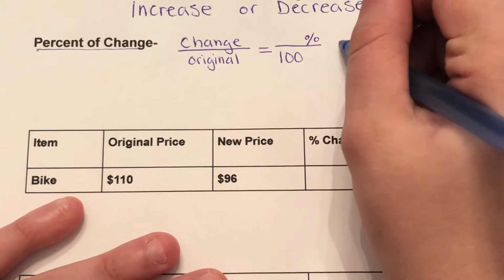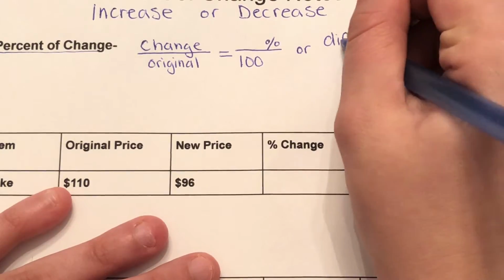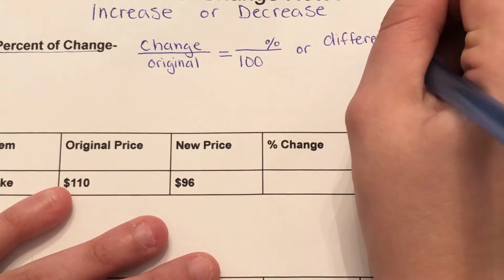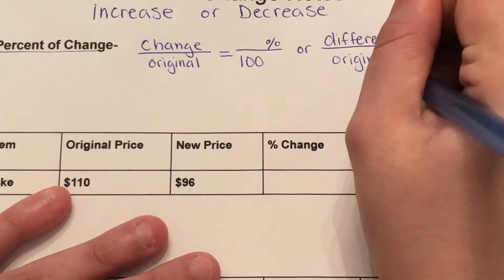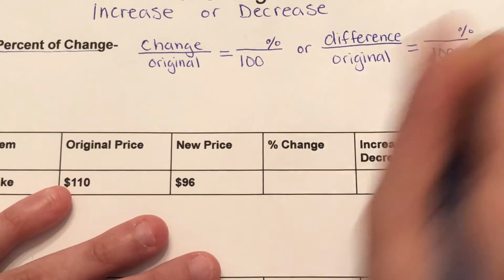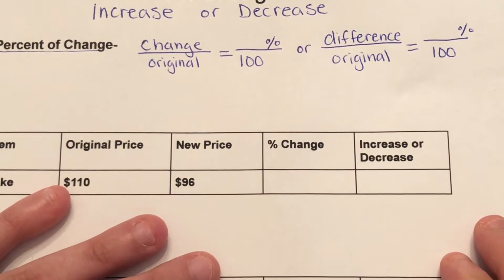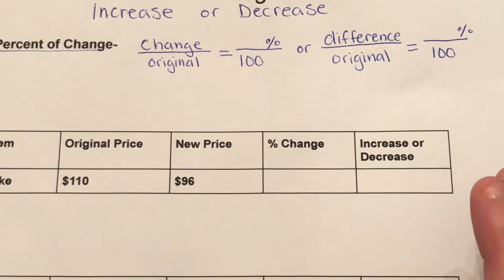Whenever we think of change, you need to think of it as difference over original equals percent out of 100. So you're always going to be subtracting something with percent of change. When you see percent of change, you're going to subtract something.